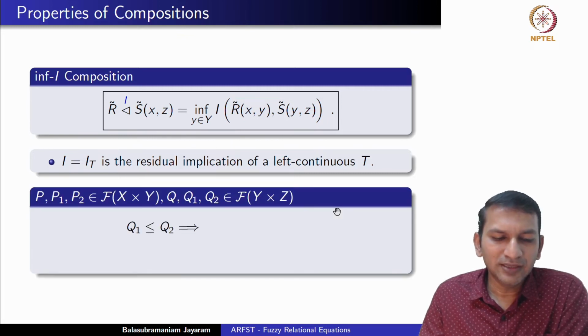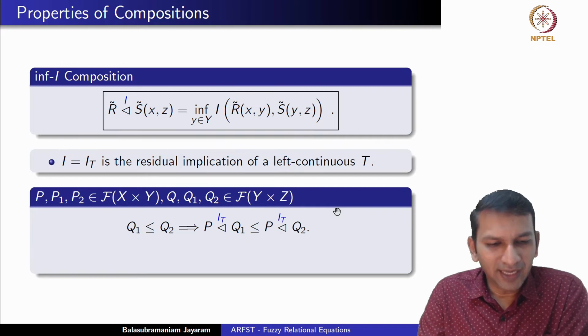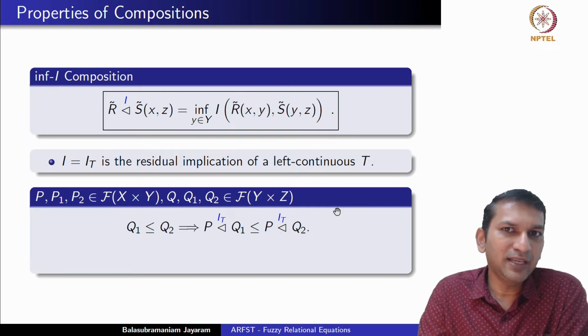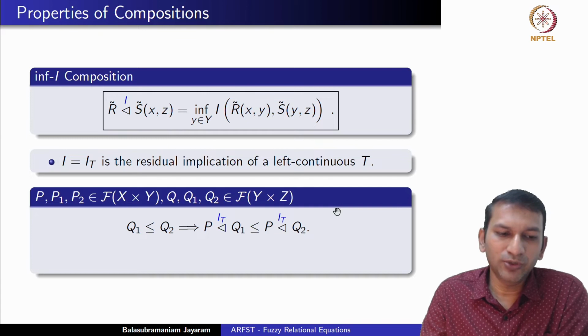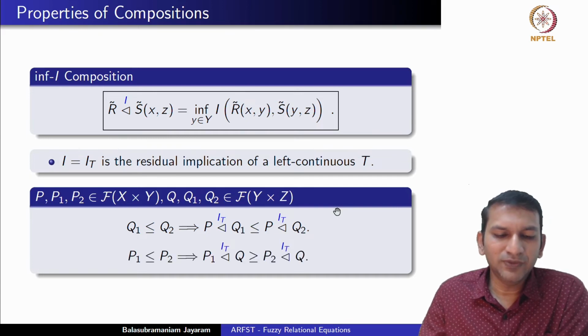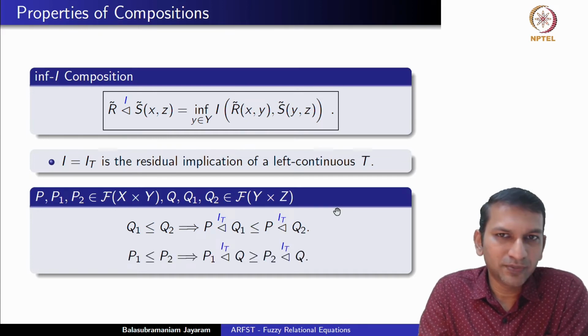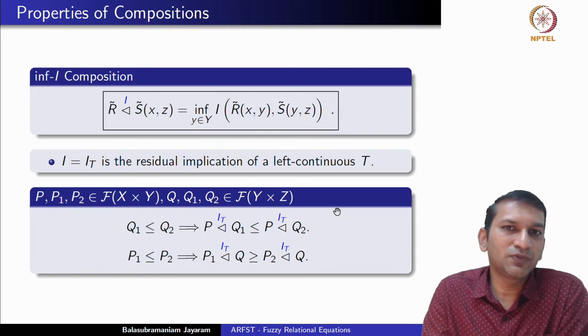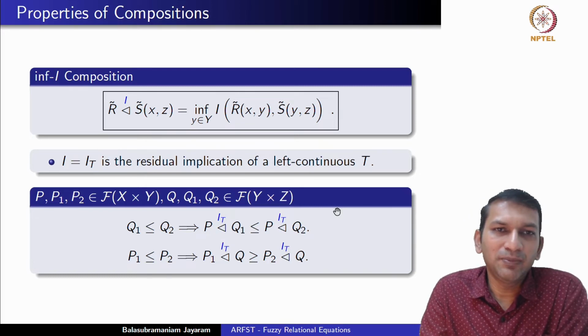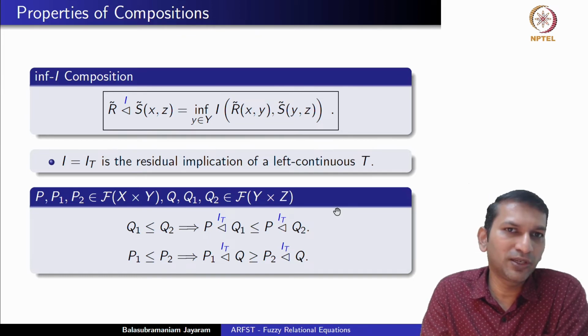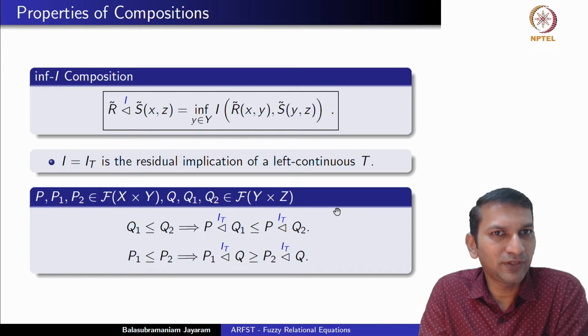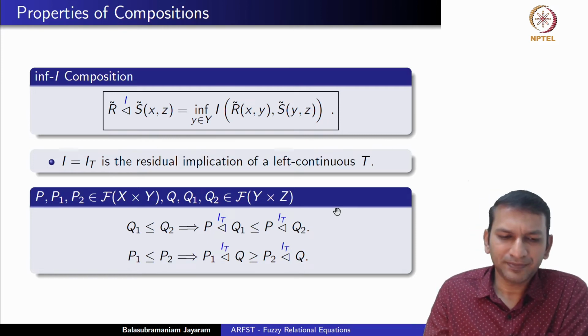Then what we can see is, in the second variable, the inf-IT composition is monotonic. However, in the first variable, it is anti-monotonic. Of course, once again, this stems from the properties of the R-implication, which is a fuzzy implication, which is mixed monotonic in nature, decreasing in the first variable and increasing in the second variable. Of course, not in a strict sense.